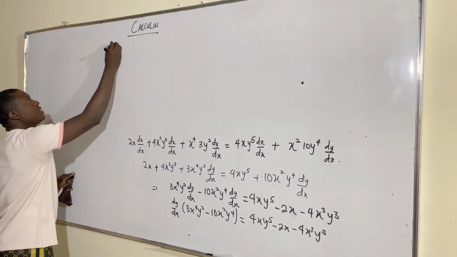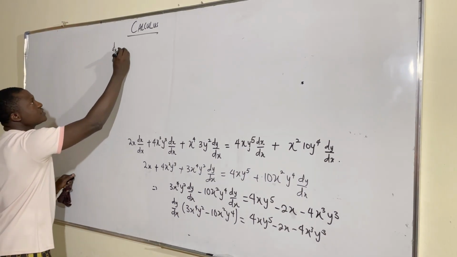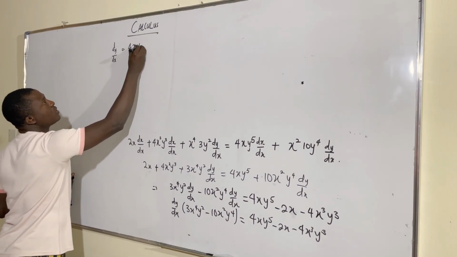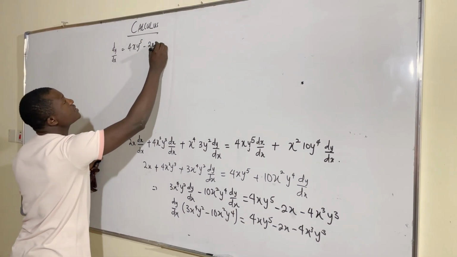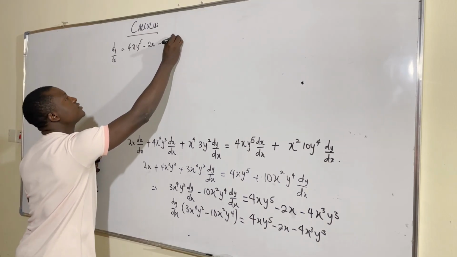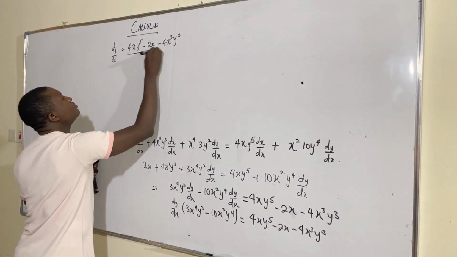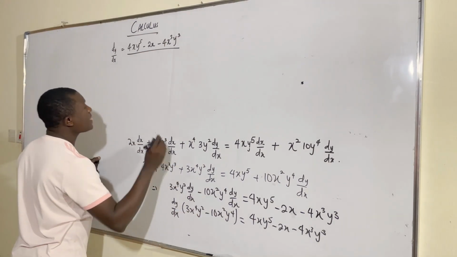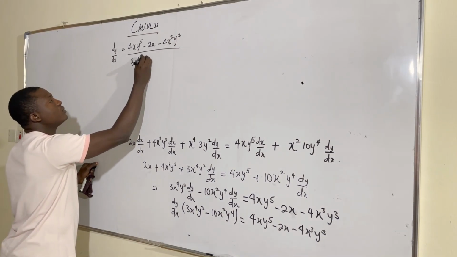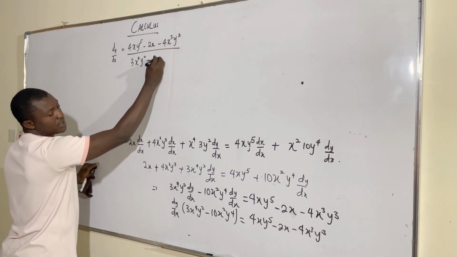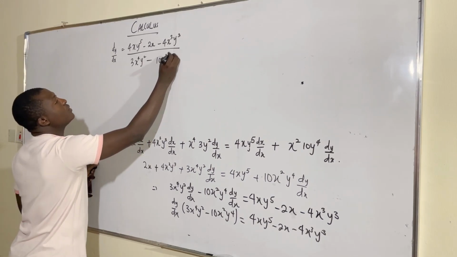So that means there we have dy/dx is equal to 4x y raised to the power of 5 minus 2x minus 4x cubed y cubed divided by, now what we have here is 3x raised to the power of 4 y squared minus 10x squared y raised to the power of 4.